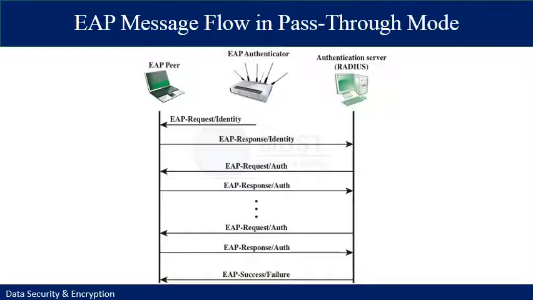The first pair of EAP request and response messages is of type identity, in which the authenticator requests the peer's identity and the peer provides the EAP response identity. The response passes through the authenticator to the authentication server. The subsequent EAP messages are exchanged between peer and authentication server.